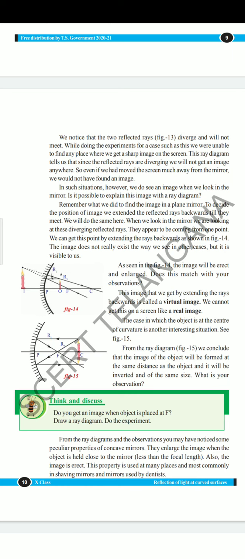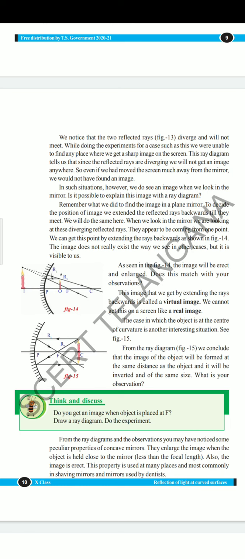We notice that the two reflected rays, figure 13, diverge and will not meet. While doing the experiments for a case such as this, we are unable to find any place where we get a sharp image on the screen. This ray diagram tells us that since the reflected rays are diverging, we will not get an image anywhere.